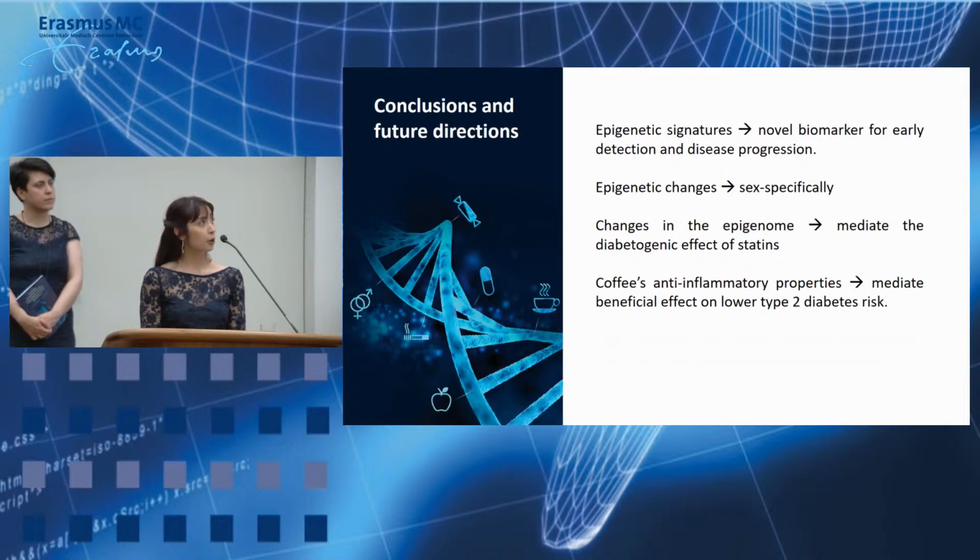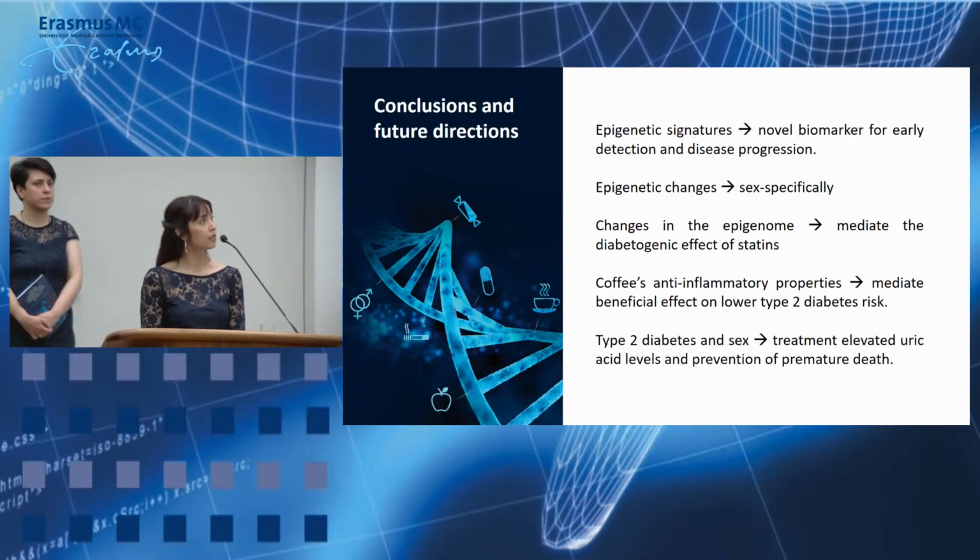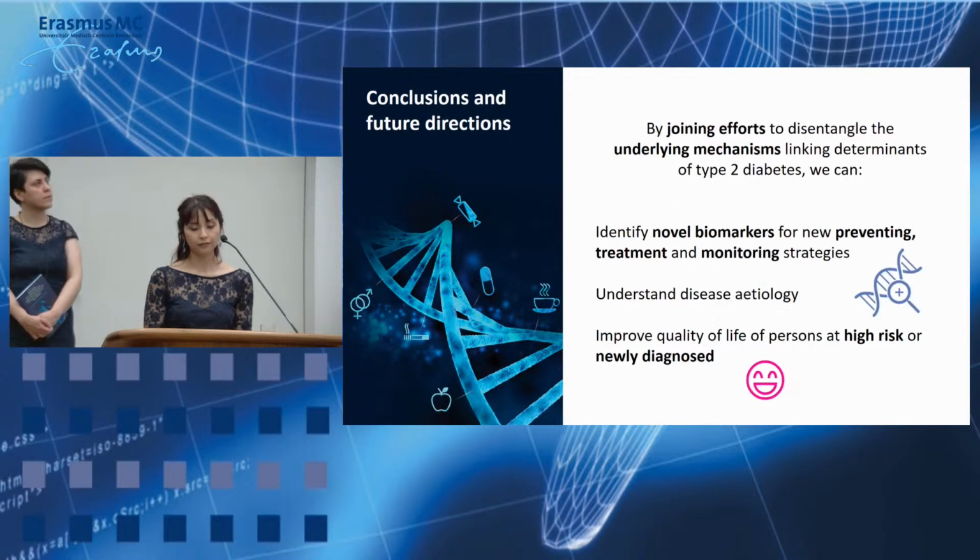We also concluded that coffee's anti-inflammatory properties can explain part of the beneficial association of coffee consumption and lower type 2 diabetes risk. And we found also that type 2 diabetes and sex should be 2 factors to take into account to treat high levels of uric acid and to prevent premature mortality.